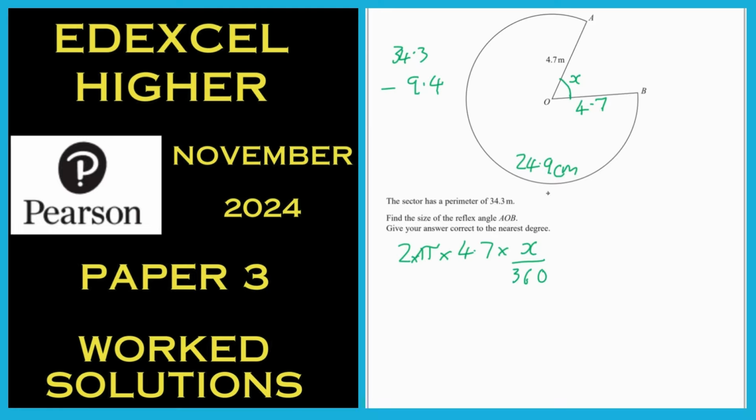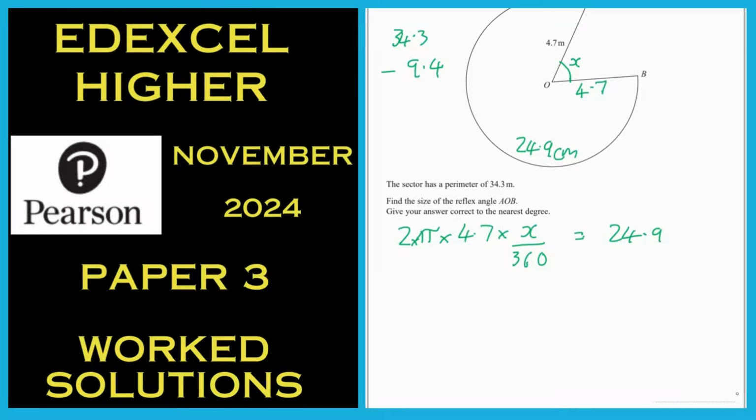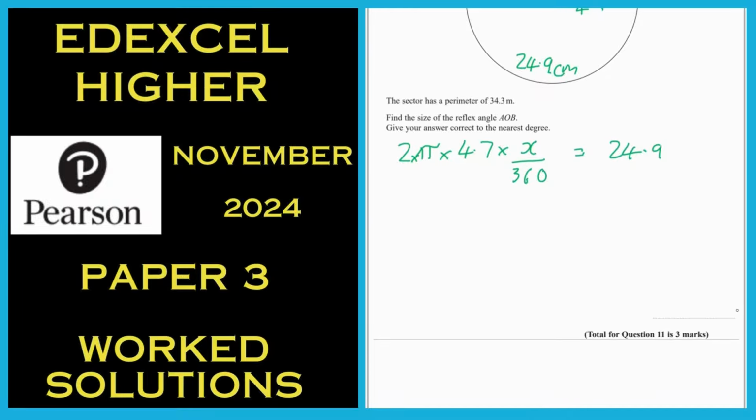And it's that formula there which gives us the 24.9. It's now a case of get that calculator grabbed, do everything backwards. Start with your 24.9, multiply both sides by 360, divide both sides by 4.7, divide both sides by 2 pi.